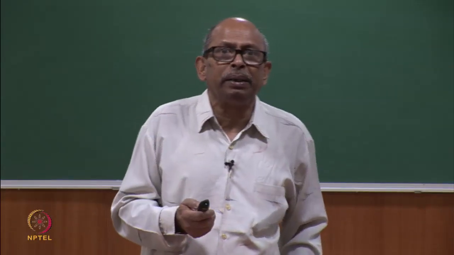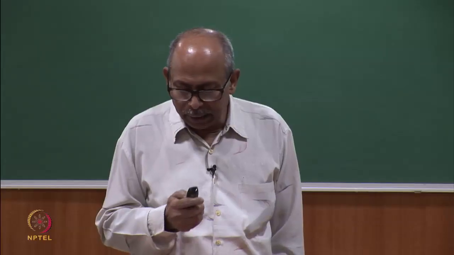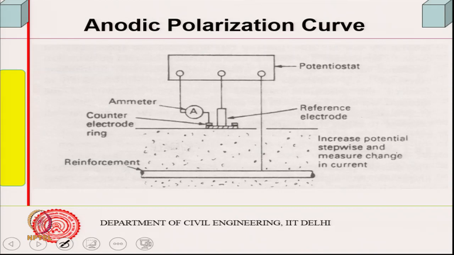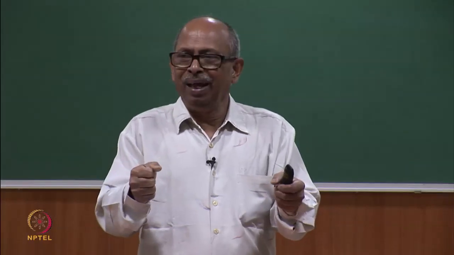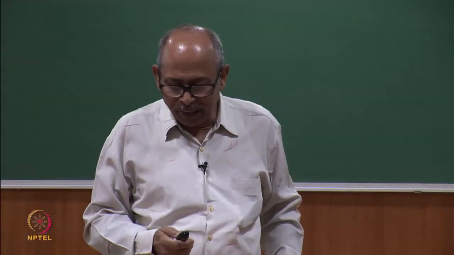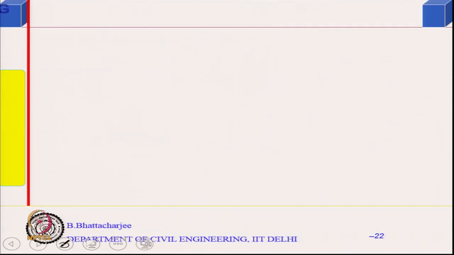The linear polarization method is one of them, which I will talk about later on in the next class. This is a kind of instrument that would be there, but in modern instruments you do not see all those, you just see a probe or something like that. You put a handheld device, you just place it. I am not going to show this right now.